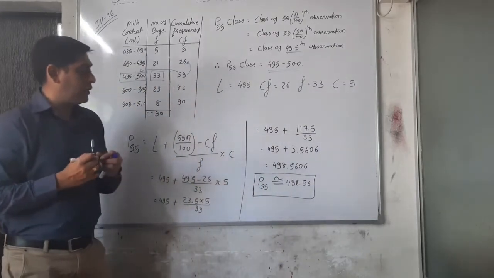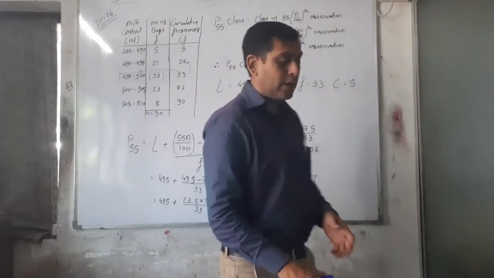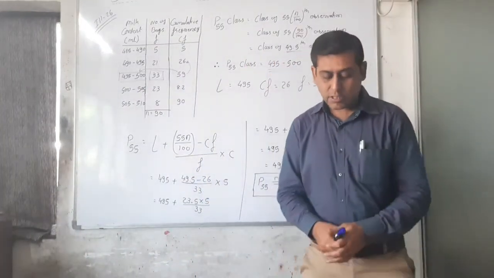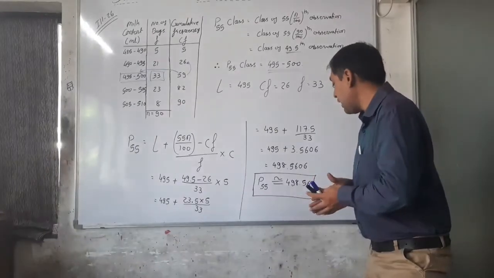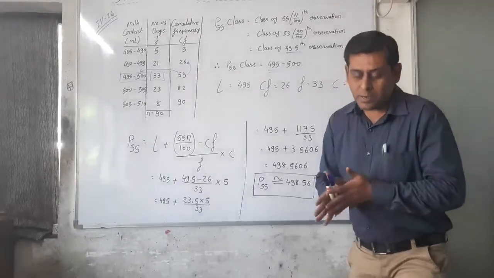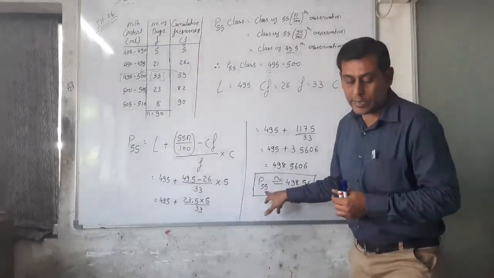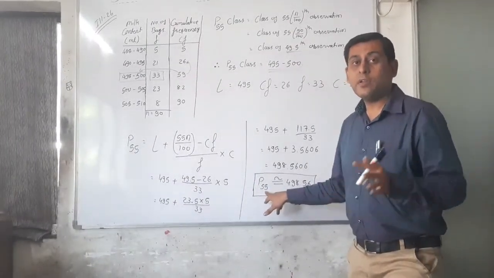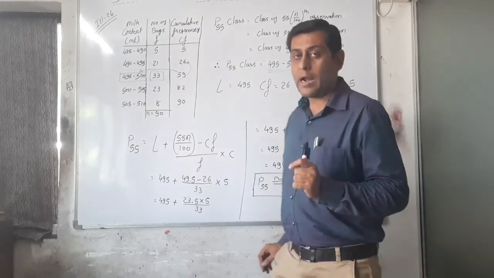This is your answer, but you have to write one line to interpret it. That is, thus the maximum quantity of milk is 498.56 milliliter in 55% bags having least milk content. So this is the part of your answer.